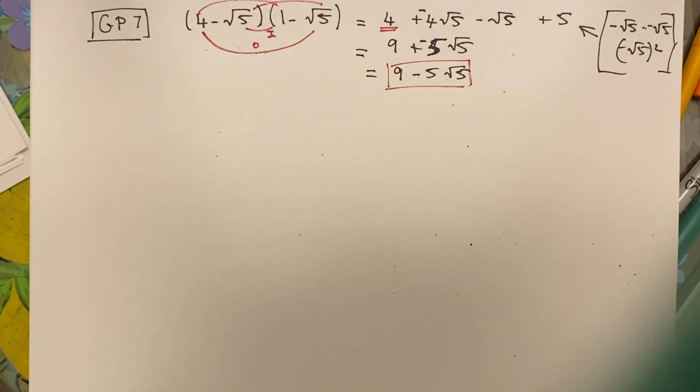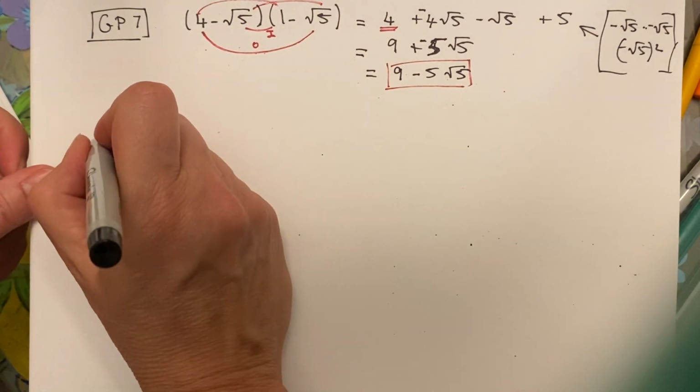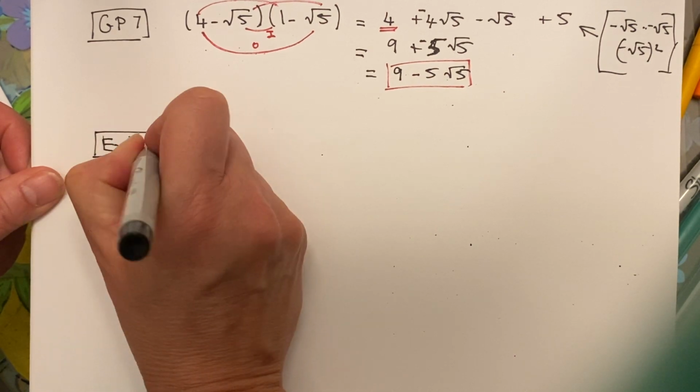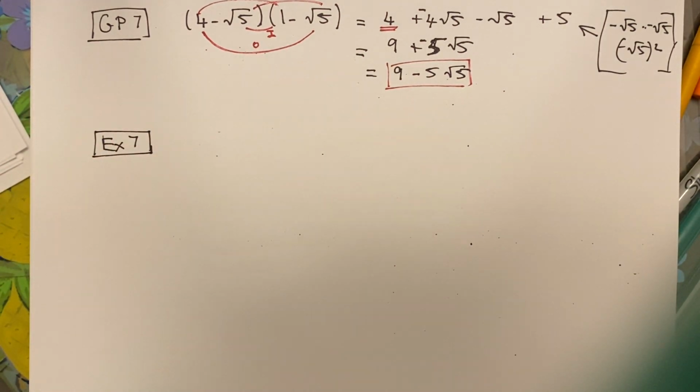And then last, I'm going to do example 7. Okay, now this is an astronomy problem. They're talking about the orbital period of a planet, and that's the time that it takes a planet to travel around the sun.